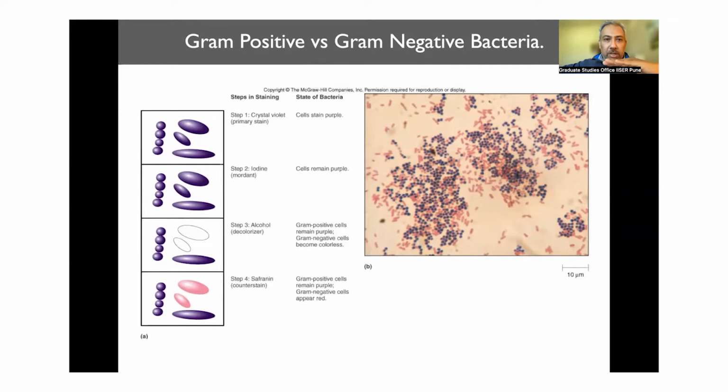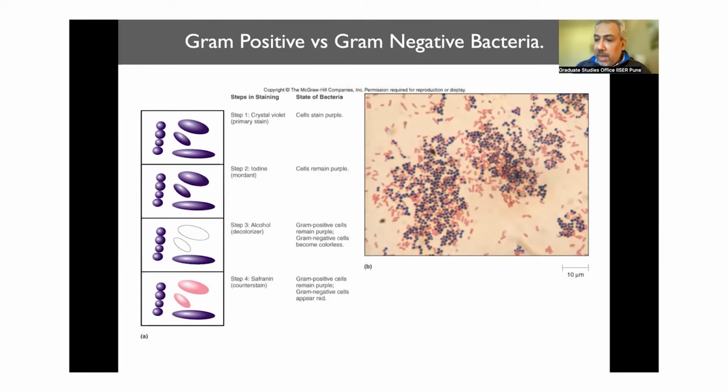You remove that lipopolysaccharide, right? And so now you're left with a layer underneath which has no staining, right? And then you go and stain that with a different color. So the bacteria that don't have a lipopolysaccharide layer stain in one color, the ones which had lipopolysaccharide that you removed stain in another color. And this staining protocol is what's referred to as gram staining. And it's something that's used even today to classify bacteria, right?